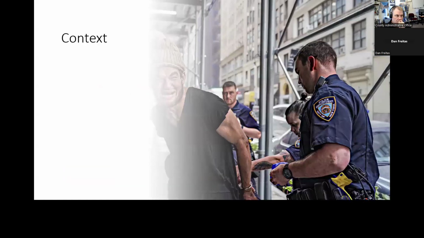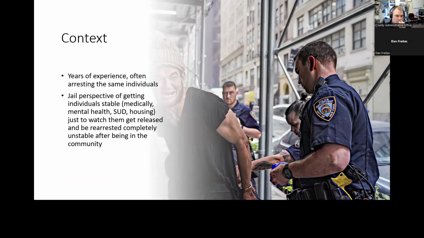So now we're going to start diving into my project. At the time that I started my project, I was assigned as the chief deputy to the jail, and I was overseeing all jail operations. I've since moved to our operations division, and I oversee all of our patrol and basically everything not jail, so investigations and everything like that.